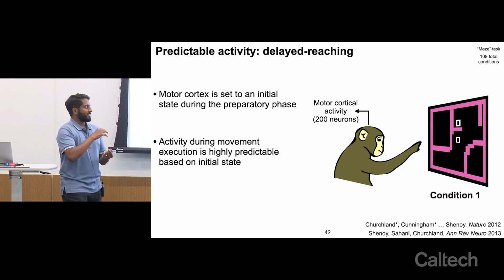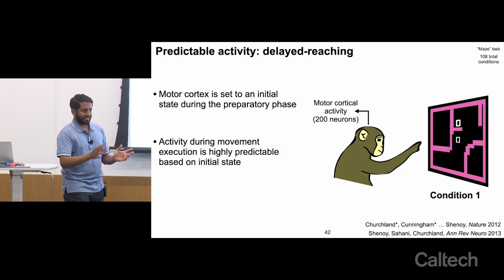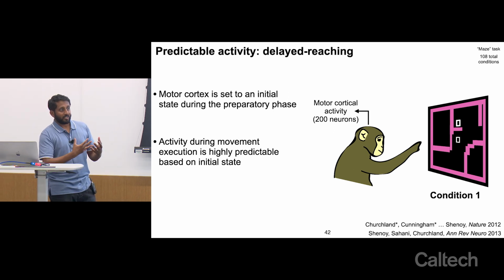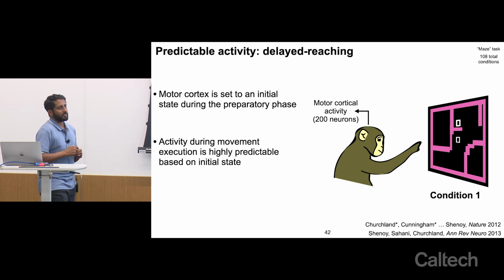Because the monkey's been trained, the target will pop up, but don't reach. If you reach too early, you're not going to get your juice, right? So the monkey learns, okay, the target's up, but I can't reach until I get a separate cue. And that means if you study the brain activity, you can see separate processes, one while the monkey's preparing, and then a separate set of neural dynamics as the monkey begins executing the reach.